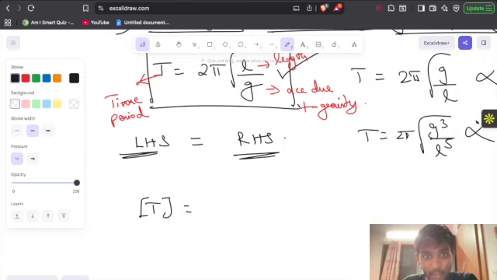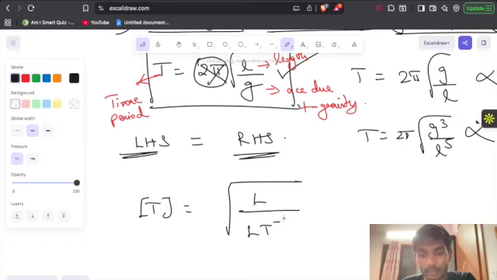I don't consider constants for my dimensional analysis, so I can just ignore this. And then I have length. Small l is length, so I can put L in the numerator, and in the denominator it is acceleration due to gravity, so I can write LT minus 2. If you're not able to understand why I am writing it in this way, you can refer to my previous video where I explained how to derive the dimensional formulas for more than 40 equations.